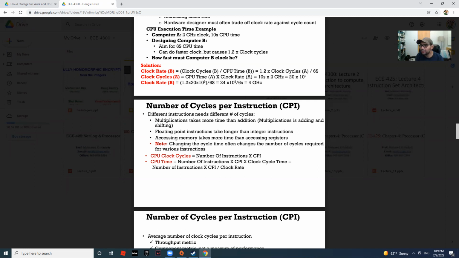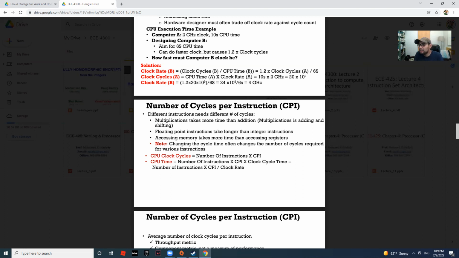So floating point is used as a representation for real numbers on computers, and that will be completely covered in chapter 3. But at least it takes much longer than normal multiplication or addition in integer format. So CPI here will be a very important metric to track what's going on in your system.